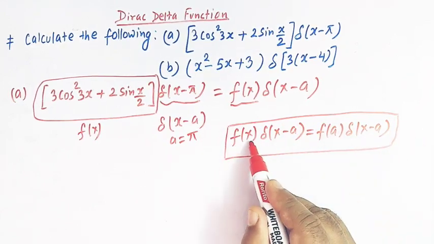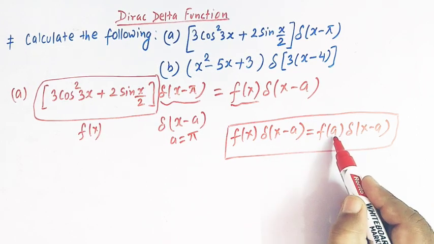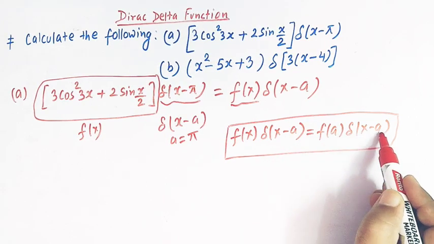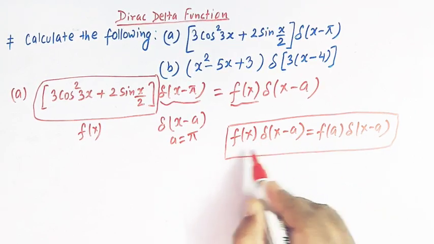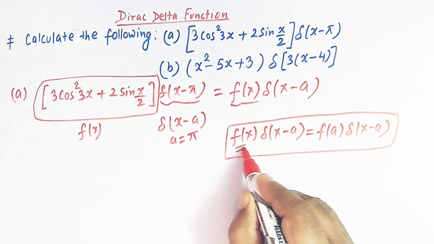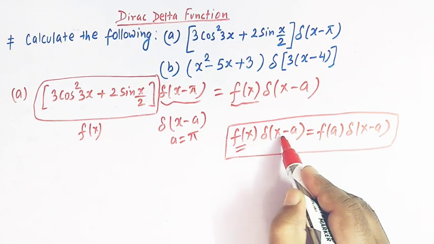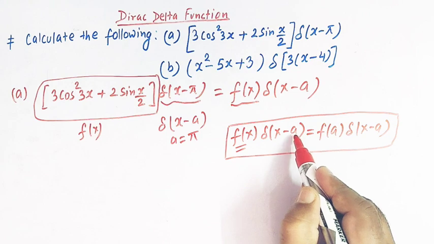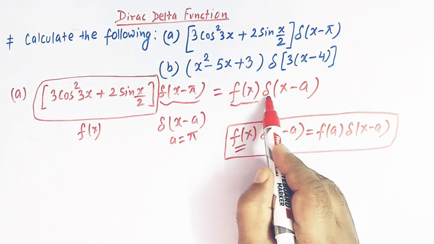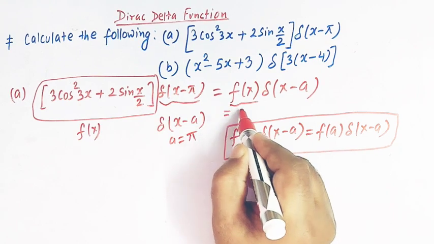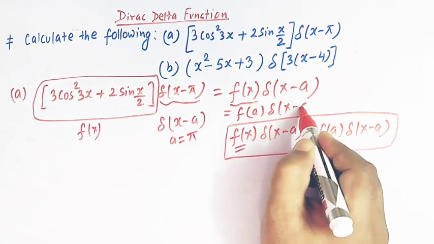Here what we have done is evaluate the value of this function f of x at the point x is equal to a. So f of x delta of x minus a is simply f of a delta of x minus a.